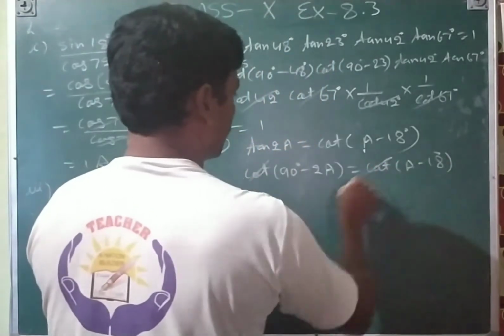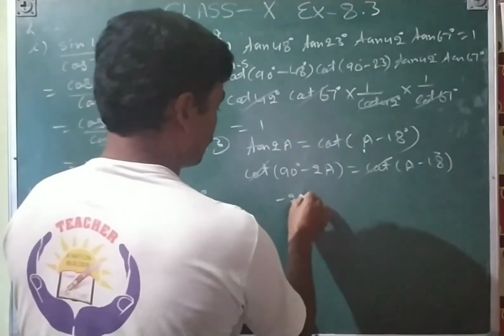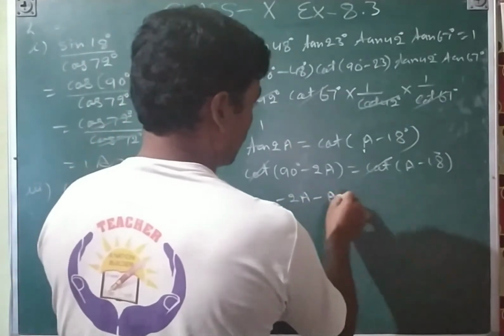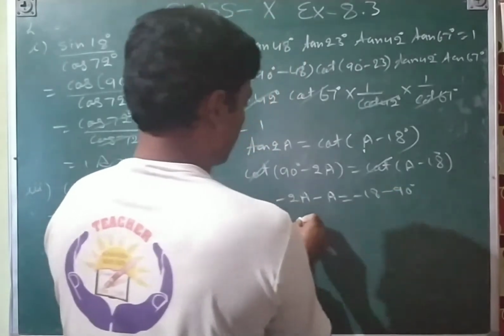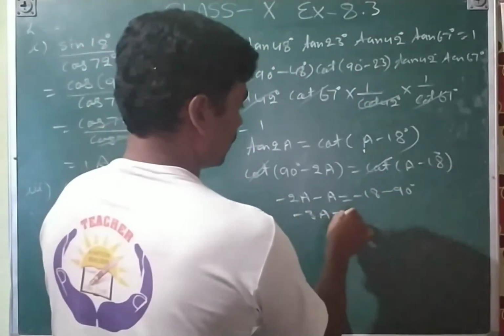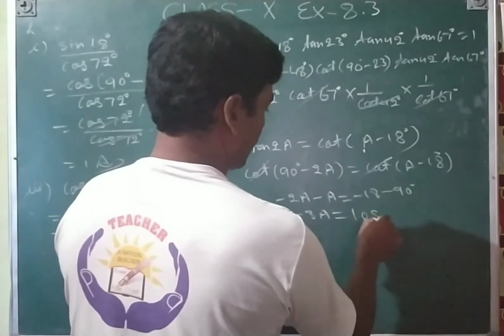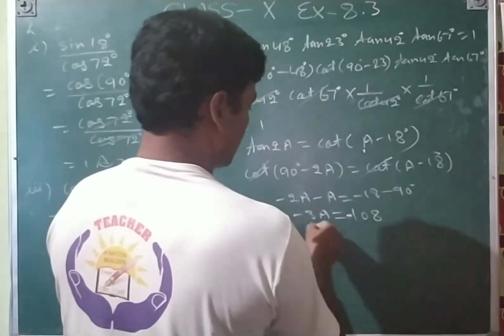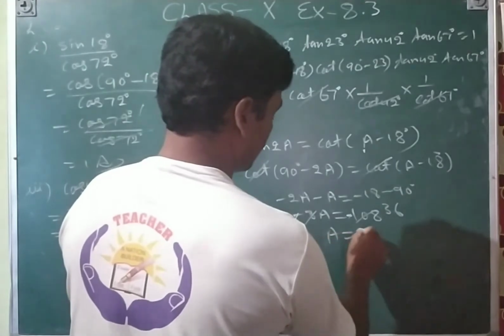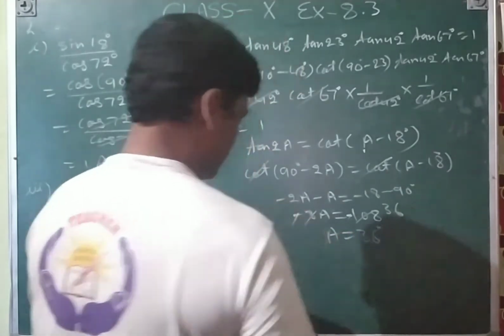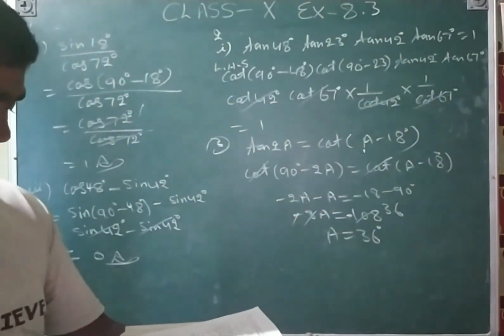Cot cancels with cot, so 90 minus 2a is equal to a minus 18, giving minus 2a minus a is equal to minus 18 minus 90. So minus 3a is equal to minus 108. Minus cancels with minus, so a is equal to 36 degree. This is the answer.